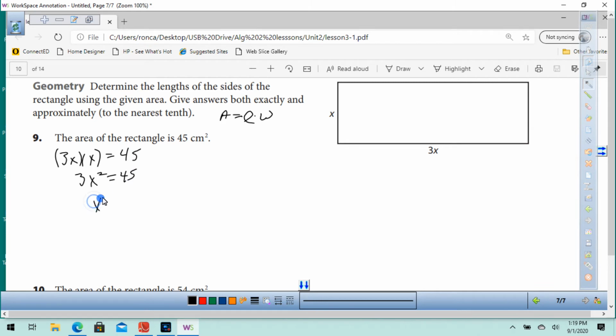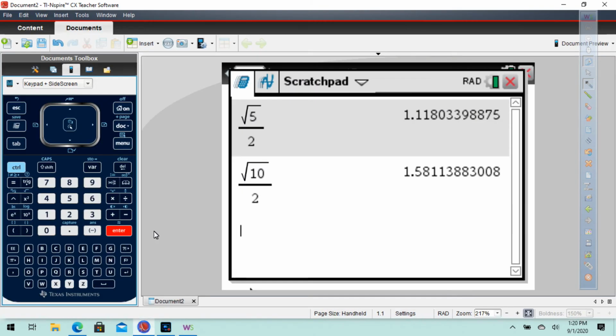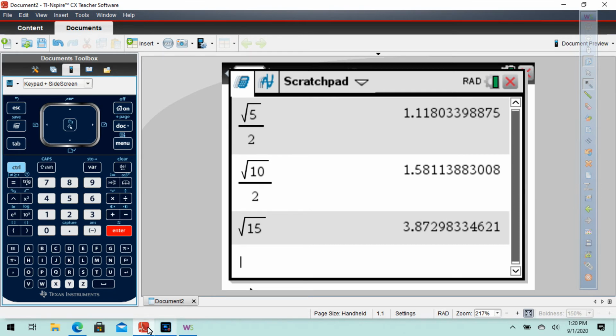Divide both sides by 3, and we got x squared equals 15. Take the square root of both sides, and we got x equals plus or minus the square root of 15. Anyway, let's find out what the square root of 15 is. The square root of 15 is 3.9.